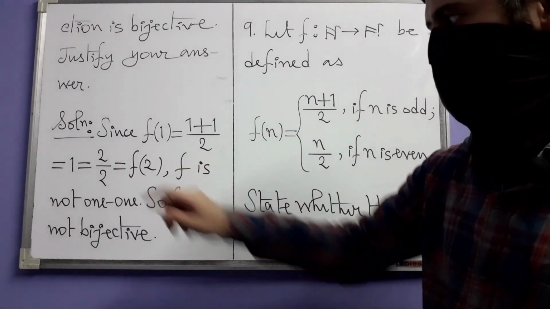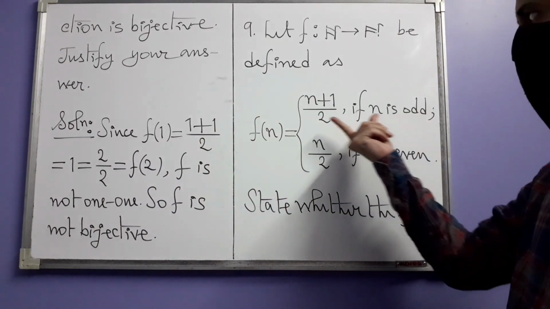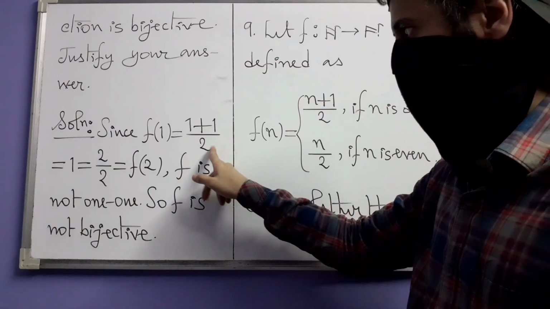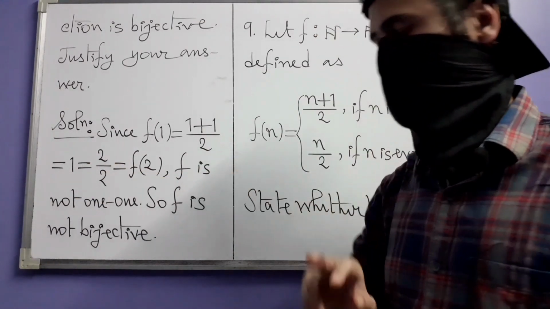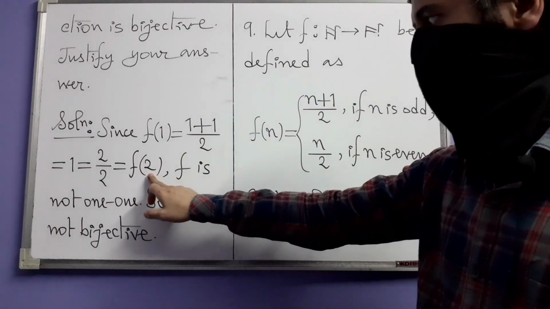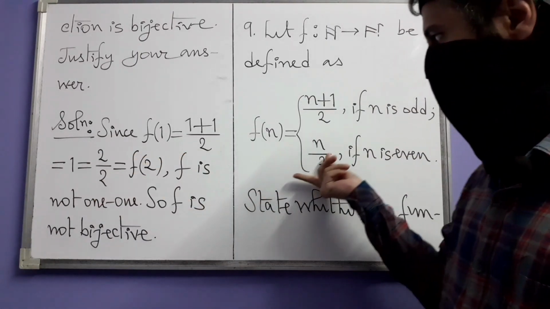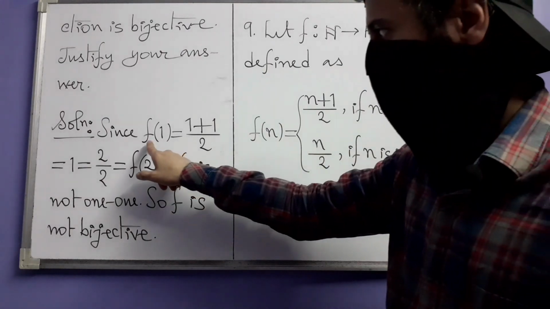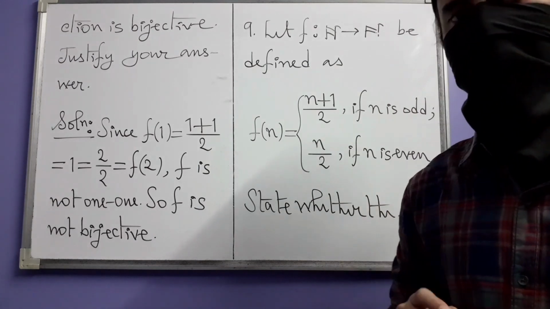You notice this, f of 1, because 1 is an odd integer, so this part of the definition has to be used: (1 plus 1) divided by 2, which is 1. But that is also equal to 2 divided by 2, which is f of 2. f of 2, because 2 is even, will be equal to 2 divided by 2 according to this part of the definition. So the f images of 1 and 2 are both equal, although 1 and 2 are distinct.